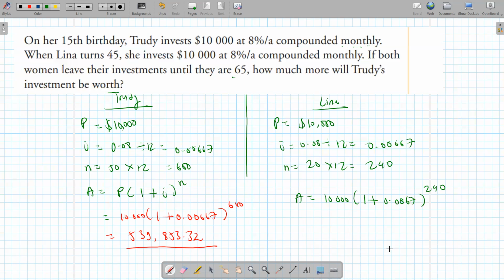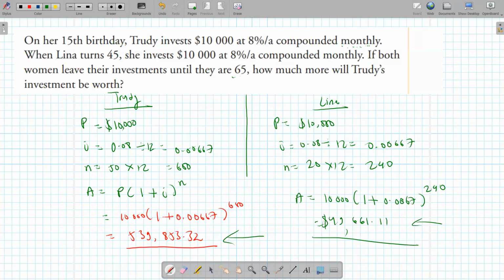It gives me 4.966. What do you do with that? You multiply by 10,000. That's right. 49,661.11. So you see, this one doesn't even compare to this. This person has over 500,000. The other one is not even 50,000.